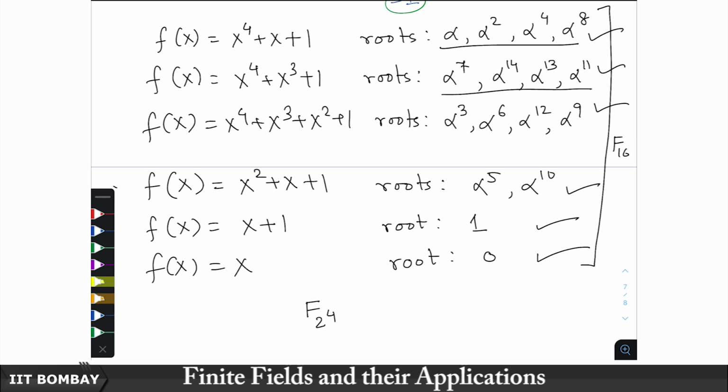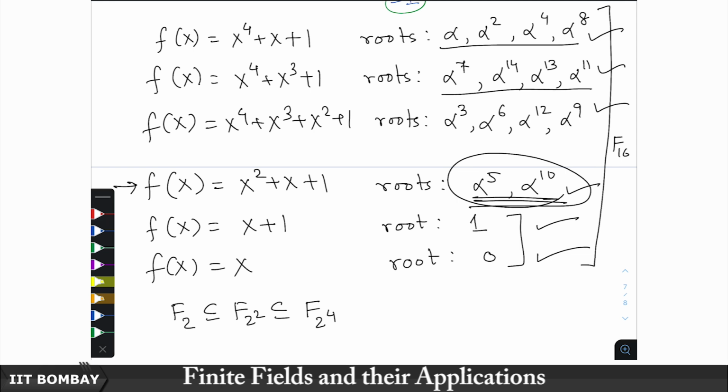In this case, for example, alpha 5 and alpha 10 are elements of F2 square, which is a subfield, and 0 and 1 are from the further subfield F2. So this is a chain of subfields, and these are elements in those subfields.